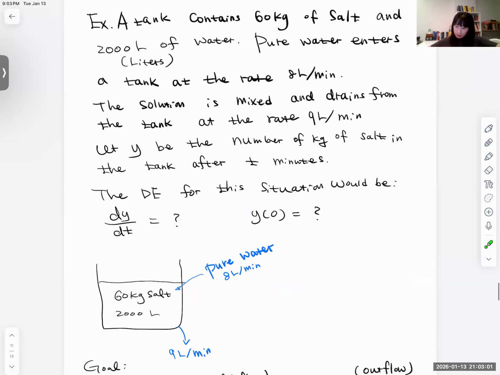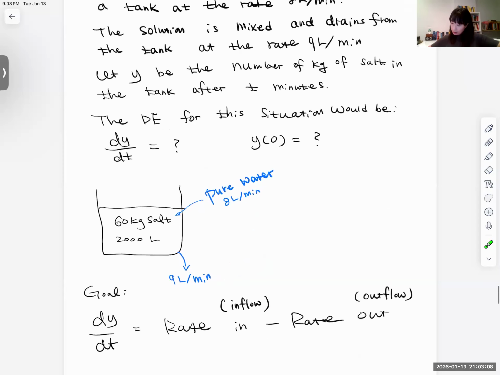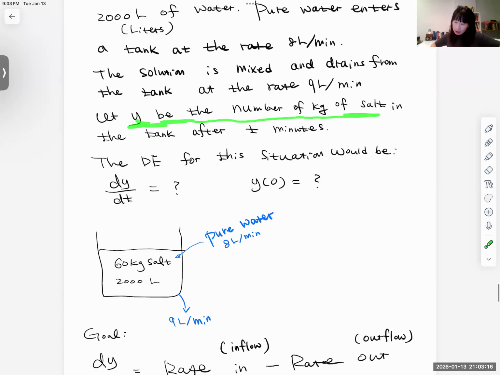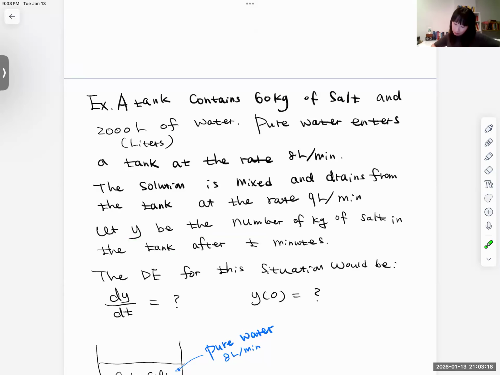Let's see. The tank contains 60 kilograms of salt. Let y be the number of kilograms of salt. So at time 0, we have y(0) equal to 60 kilograms, right? Make sense?